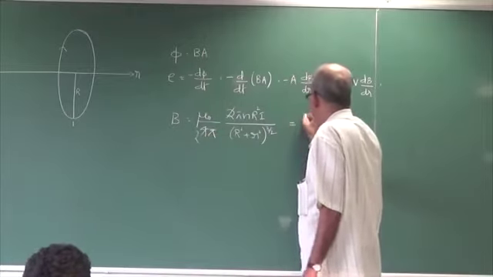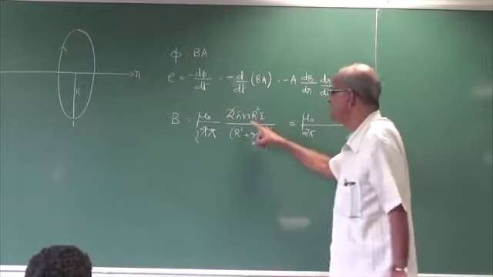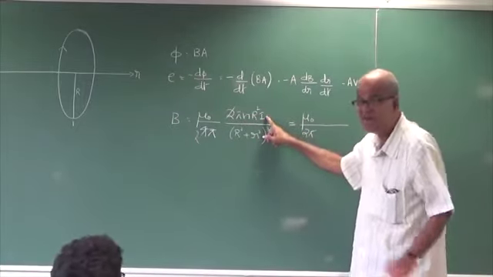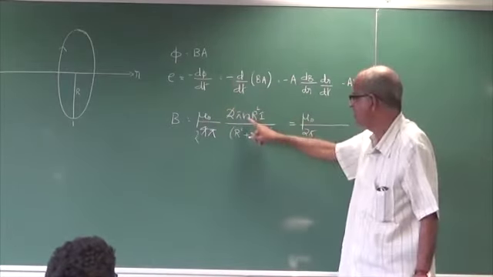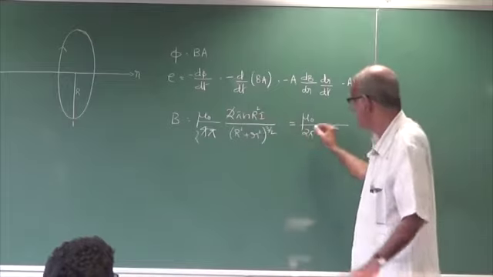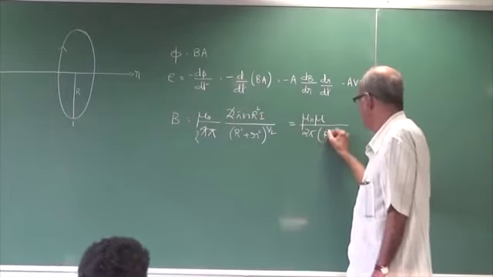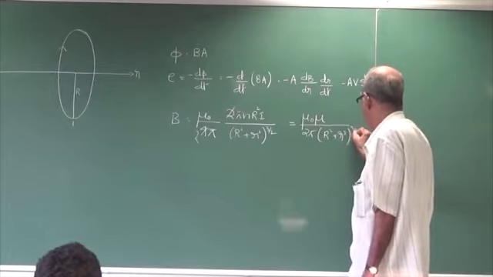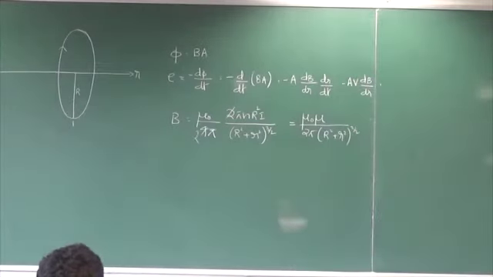You write it as mu naught by 2 pi into pi R squared n I. Pi R squared is the area of the big coil into number of turns in it into I, that is its magnetic moment, where mu is the magnetic moment.